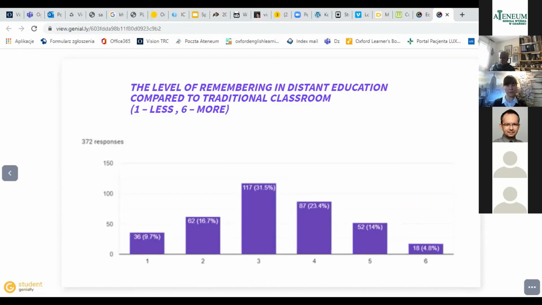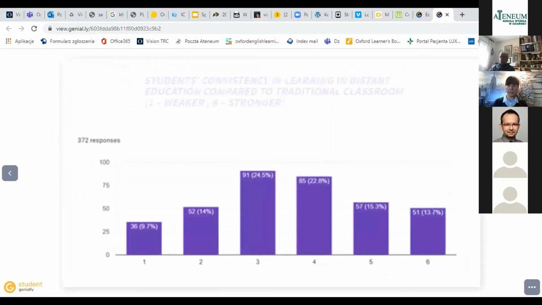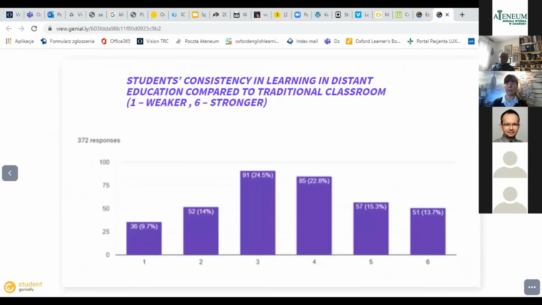So there are students who remember more, but the number is definitely not as high as for the previous questions.